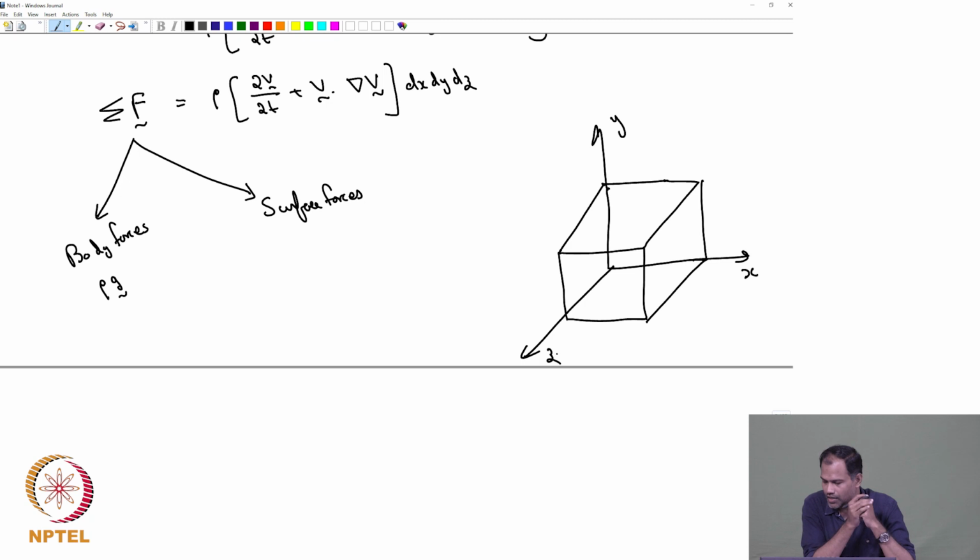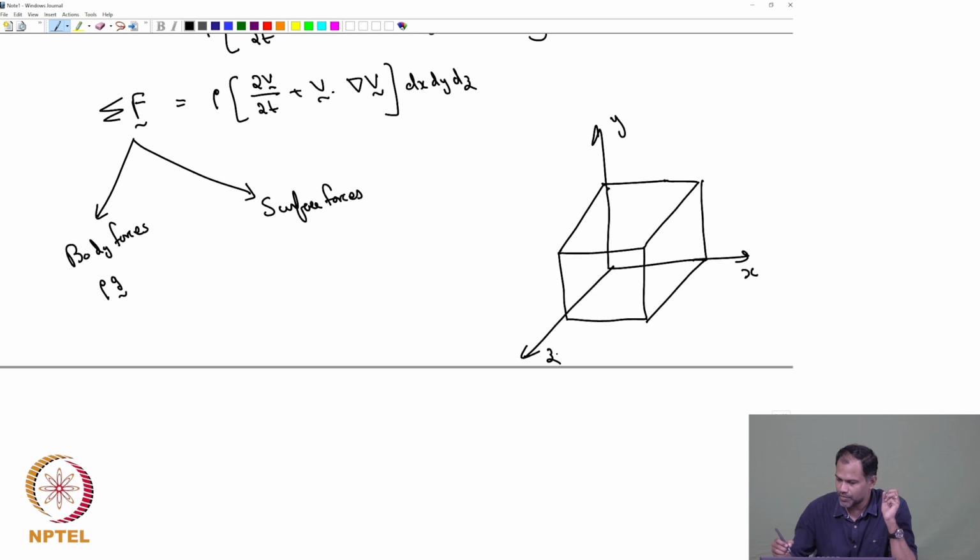Now, this fluid element is part of the fluid and is surrounded by other fluid elements. The other fluid elements will be exerting some forces on this fluid element as well, and that force is exerted on the surface of this fluid element.